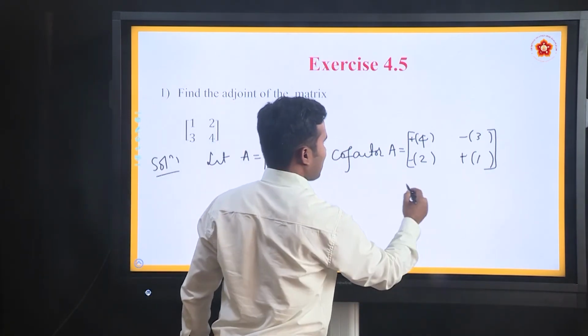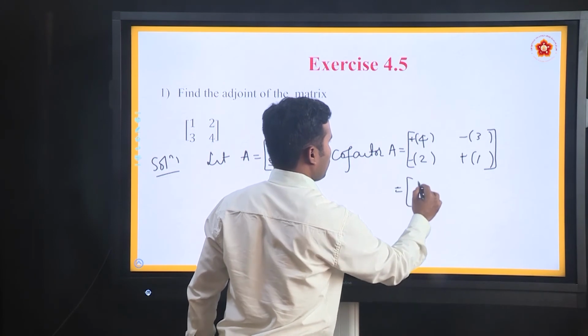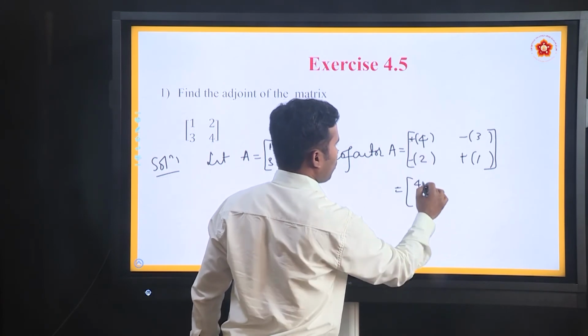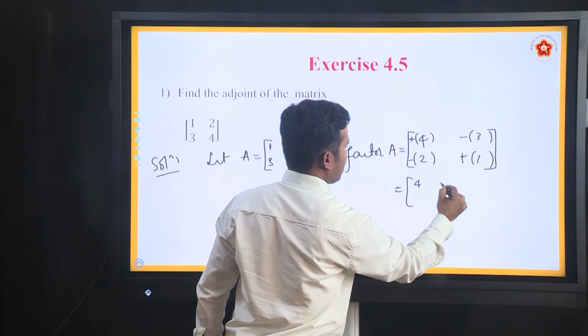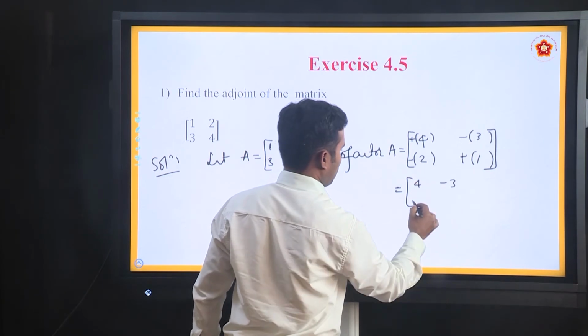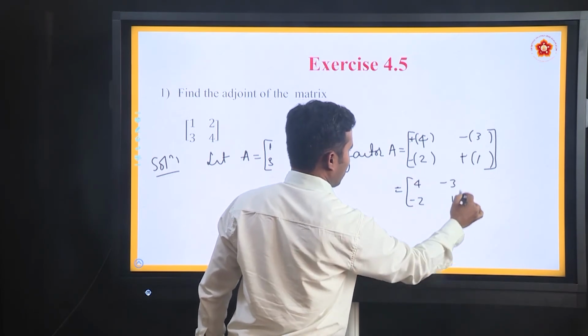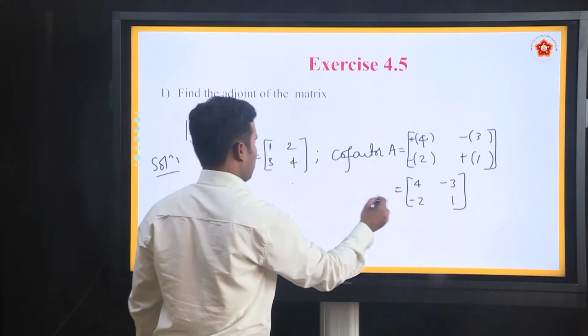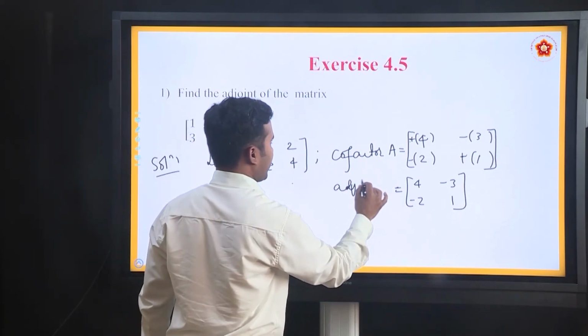So now the cofactor matrix is 4 (plus into 4), minus 3 (minus into 3), minus 2 (minus into 2), and 1. And you take the transpose, that gives the adjoint of A.